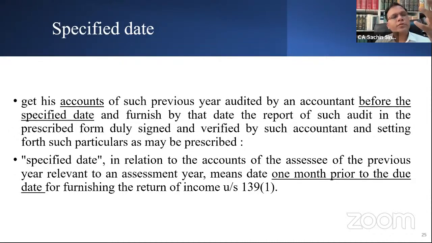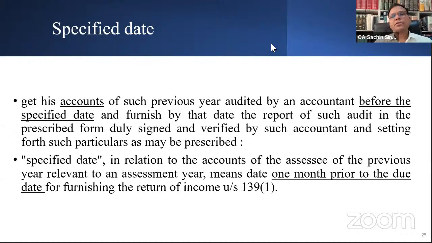So what is the meaning of specified date? The explanation of that particular section says specified date, in relation to the accounts of the previous year relevant to the assessment year, means 1 month prior to the date of furnishing of return under 139(1). So can I get the answer from the participants: what is the last date for filing of return if the tax audit is applicable in the case?